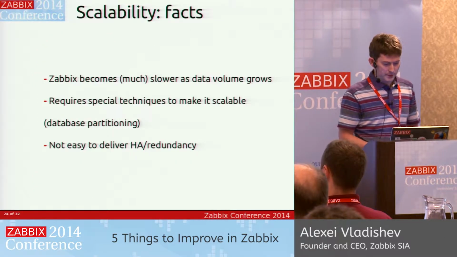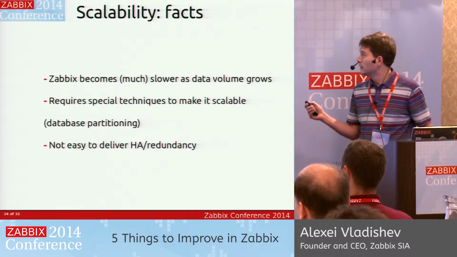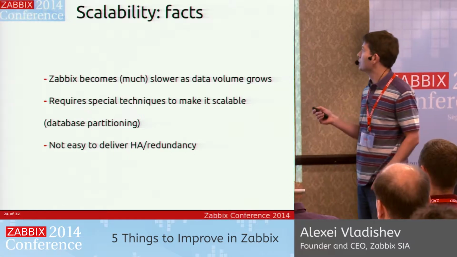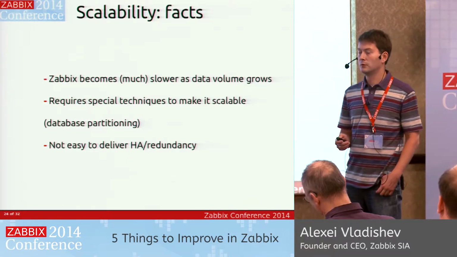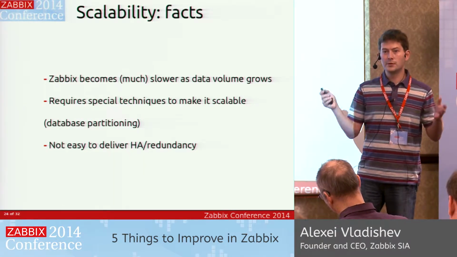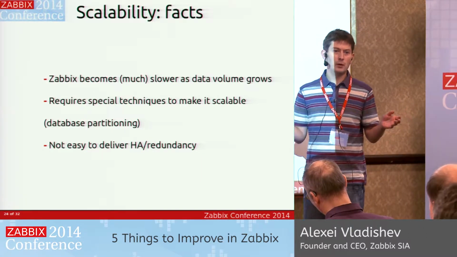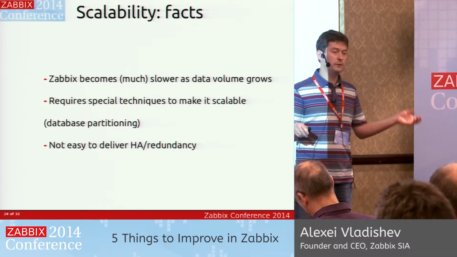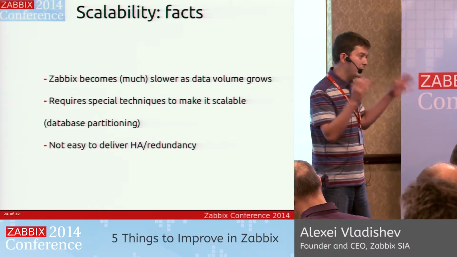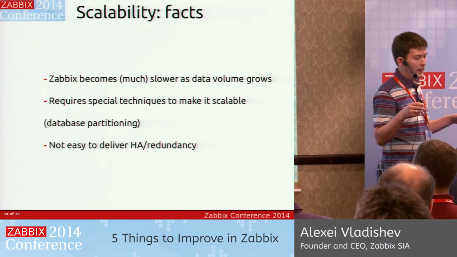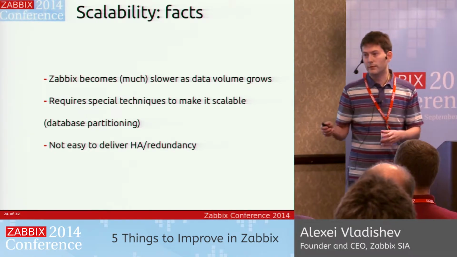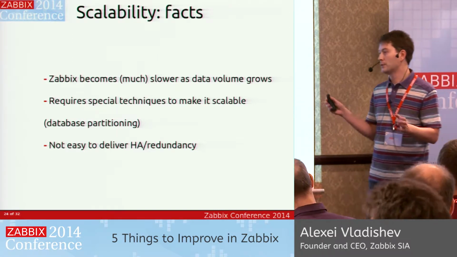And the scalability. Zabbix becomes slower as data volume grows. What happens normally? You just install Zabbix server, MySQL with some default parameters, or maybe even highly tuned MySQL, and it works fine.